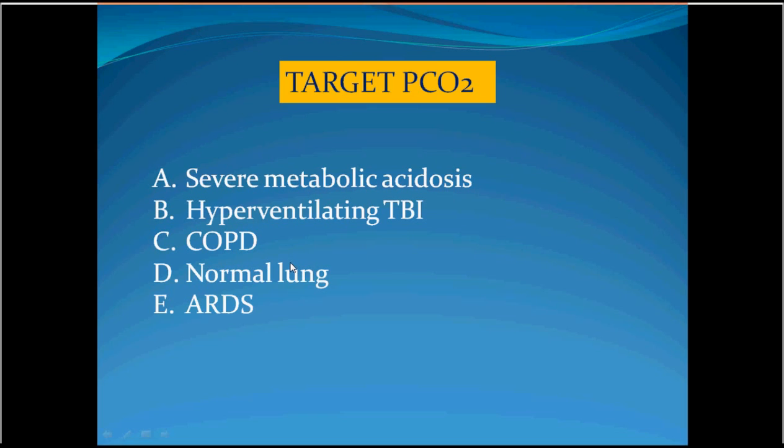So this is a very important point. We are adjusting the pH. You are washing out the added carbon dioxide, not targeting the carbon dioxide to go to normal. No, I am going to bring the carbon dioxide back to the previous state, or to adjust the pH close to 7.35.